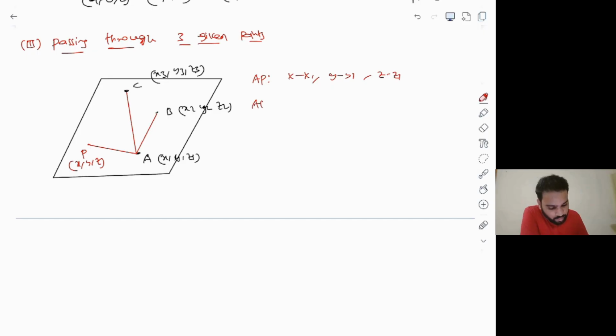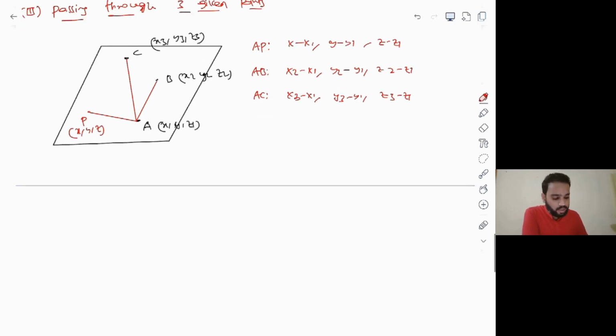Now the drs of the line AB are x2 minus x1, y2 minus y1, z2 minus z1. Similarly, I'll take the third line as well, AC, which is x3 minus x1, y3 minus y1, z3 minus z1. So always take three lines which are coplanar here.